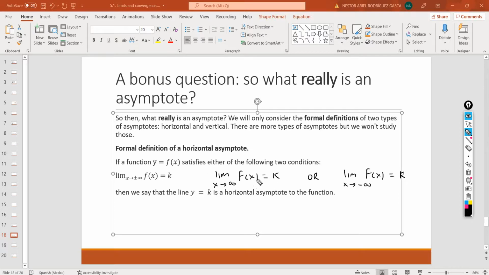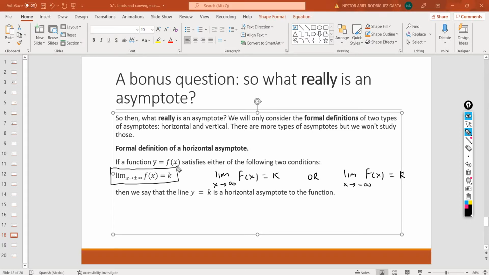Okay, these two statements are compressed into this one, just to save space. So we write the plus and the minus, and this tells you consider both possibilities.